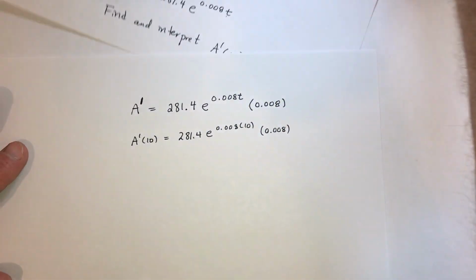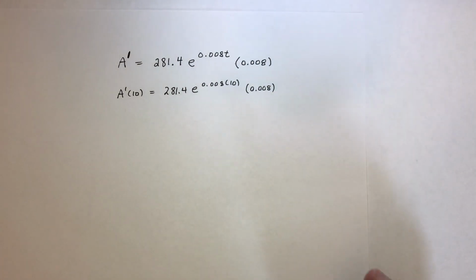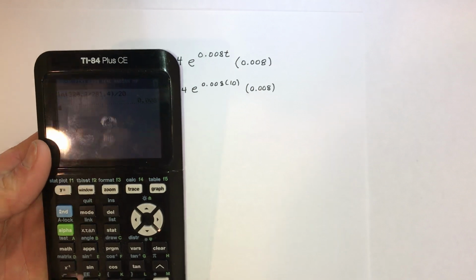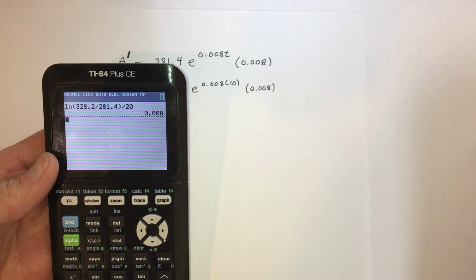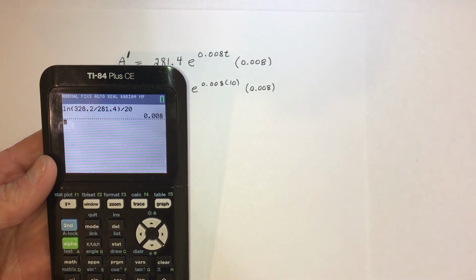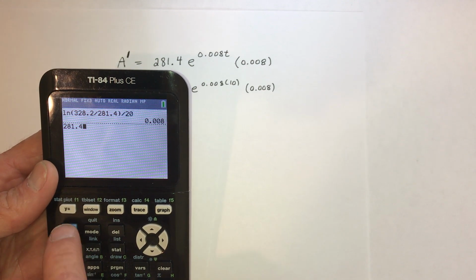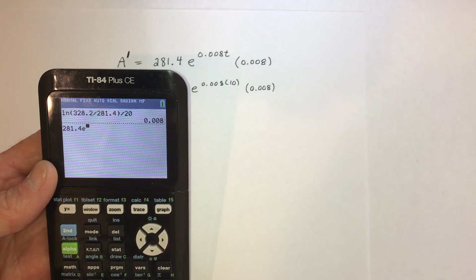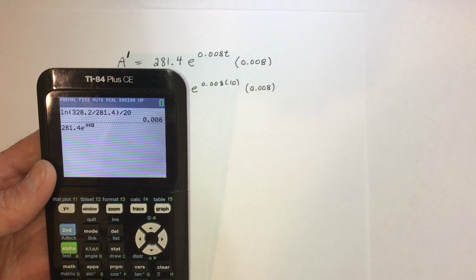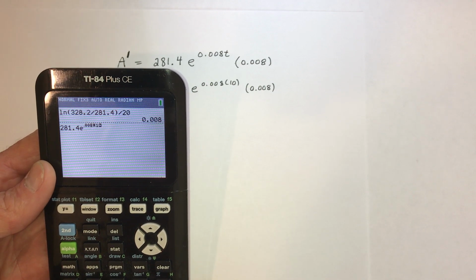And what does that equal? So we have 281.4, and then it's e to the 0.008 times a 10.